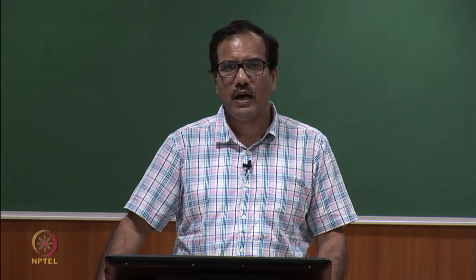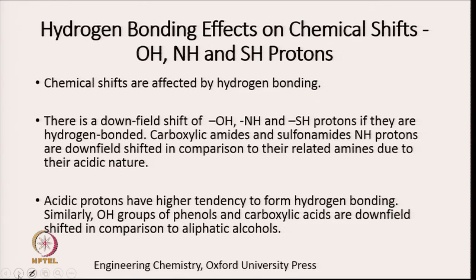Chemical shifts are also affected by hydrogen bonding. So, there is a downfield shift of OH, NH and SH protons if they are hydrogen bonded. So, they will come at high chemical shift value. Carboxylic amide and sulfonamide NH protons are downfield shifted in comparison to their related amines due to their acidic nature, and that is why these NH protons will come at higher chemical shift value.